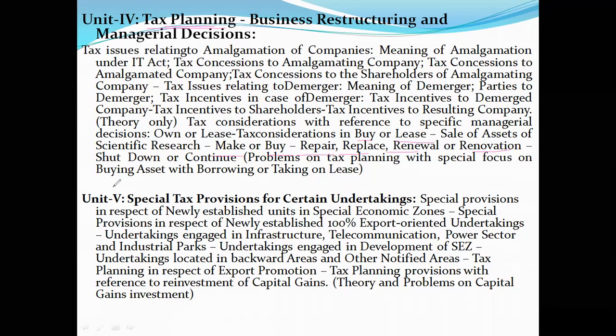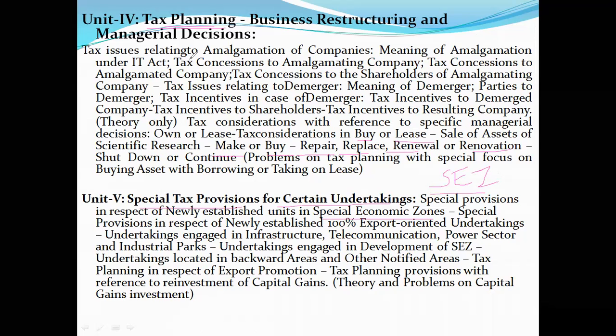Coming to the last unit, that is unit 5, special tax provisions for certain undertakings. See, there are various undertakings with a special focus based on establishment in special economic zones, that is SEZ. In newspapers, in TV news, you will come across this word SEZ, special economic zone.